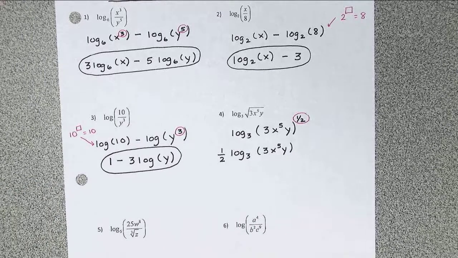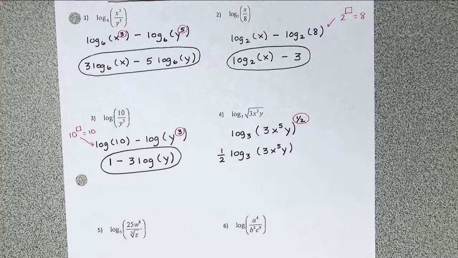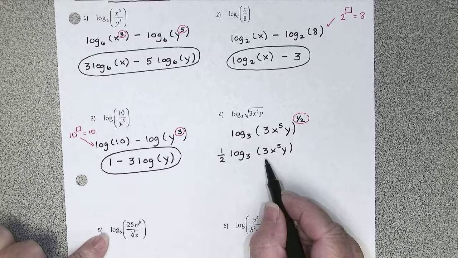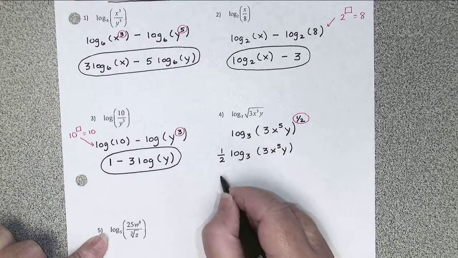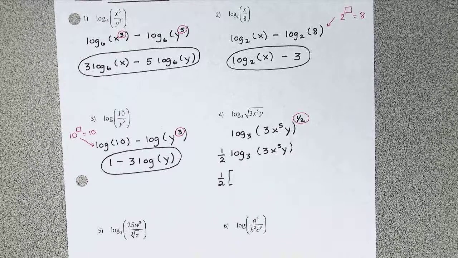All right. I now have a product inside my parentheses. So for the first time, we're going to go with our product property. I turn my product into the sum of logs. This 1/2 out here is actually a multiplier on everything, so I'm just going to keep it out there.